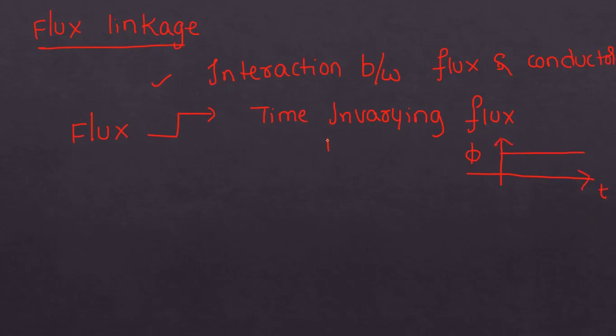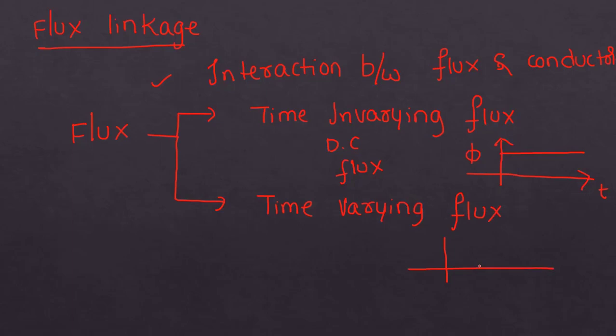The other is time varying flux, alternating flux. So this is called DC flux, and this is called AC flux.